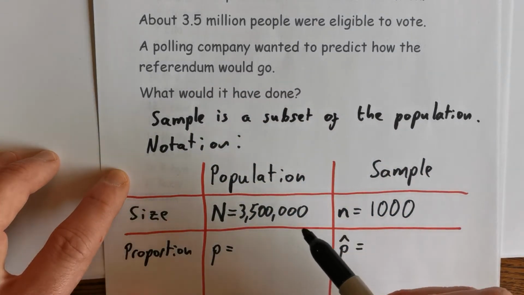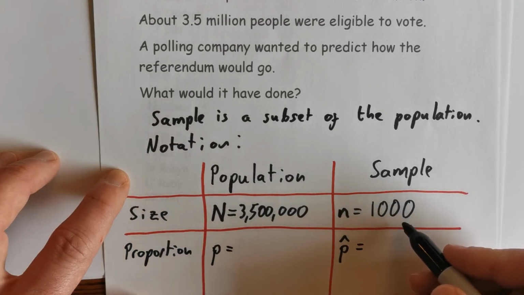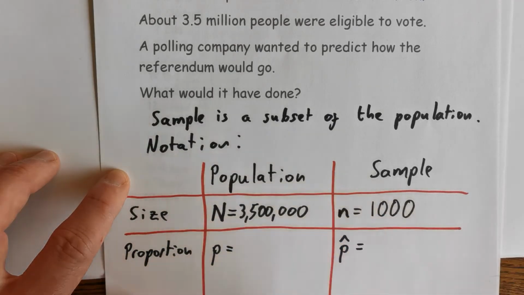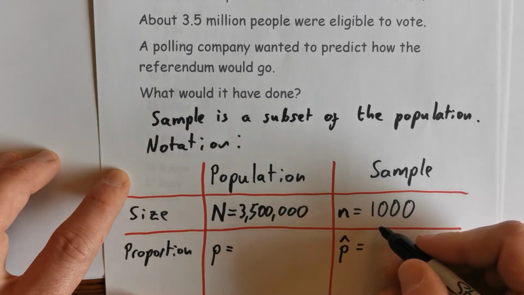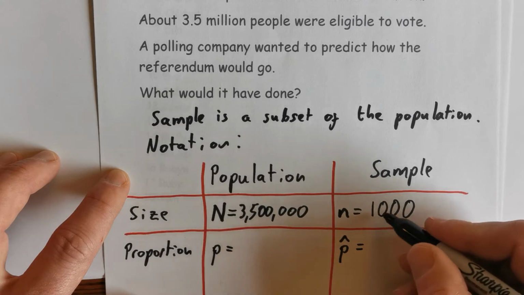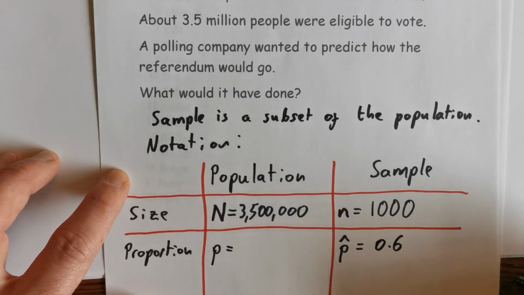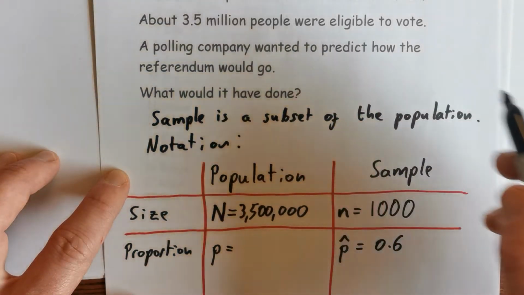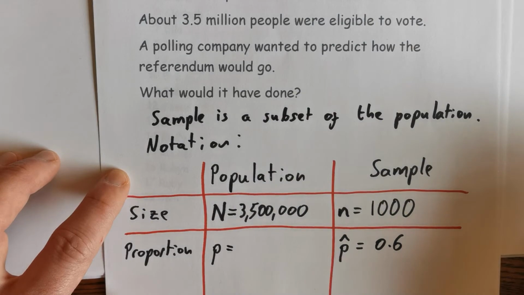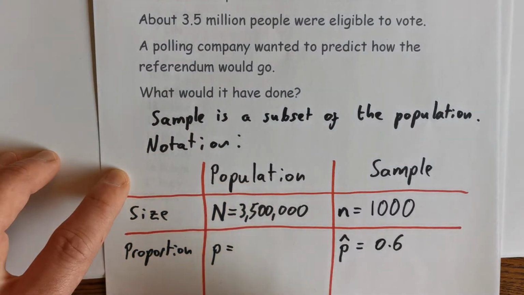Ultimately you're saying, are you voting yes? And maybe in the sample of the 1,000 people, 600 said, yes, we are voting yes. In which case, the sample proportion would be 600 out of 1,000, or 0.6. And maybe in the population of 3.5 million, there are 2.8 million people who say they're going to vote yes.